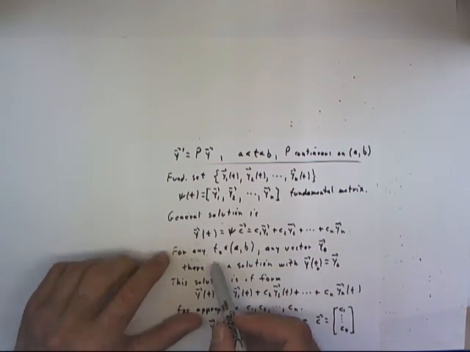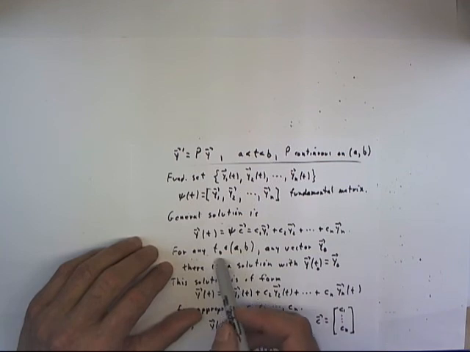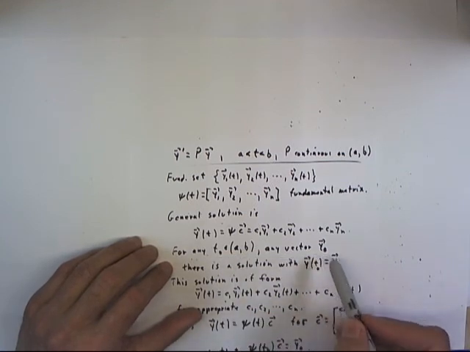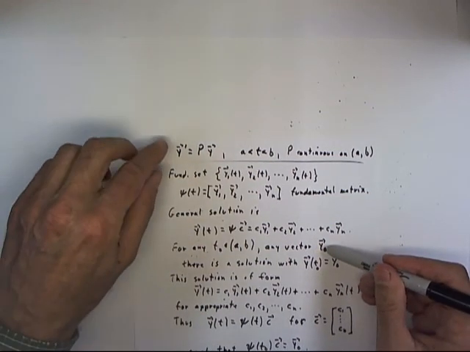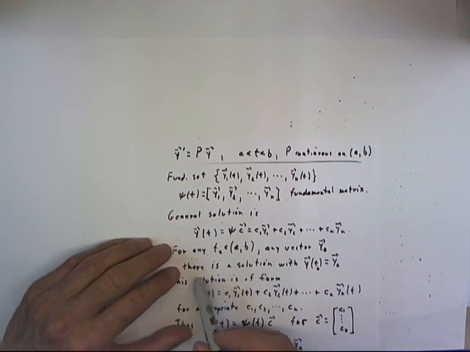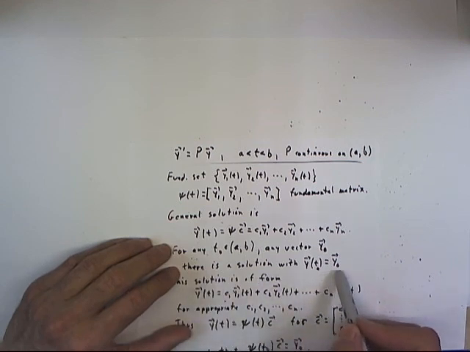Okay, now we write out the condition that I mentioned up here. For any t naught in a, b, and any vector y naught, of course, vector y naught is the same dimension as the solution vectors, there's a solution with y of t naught equal y naught.